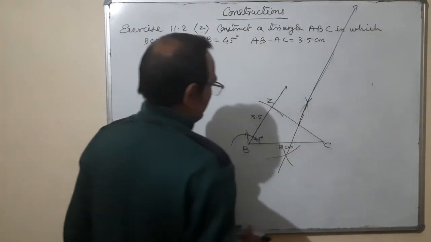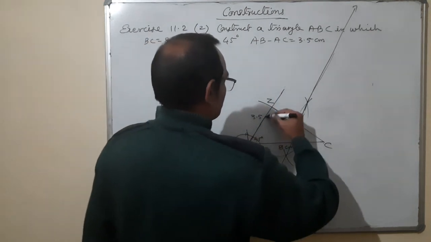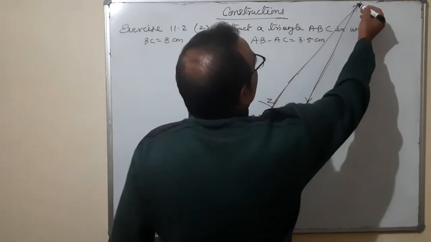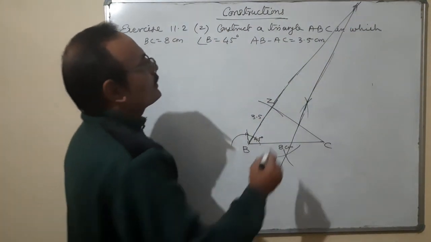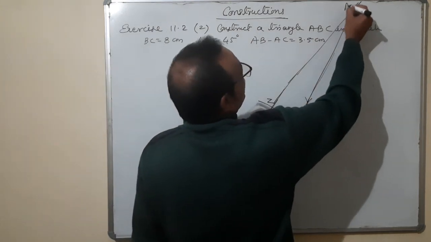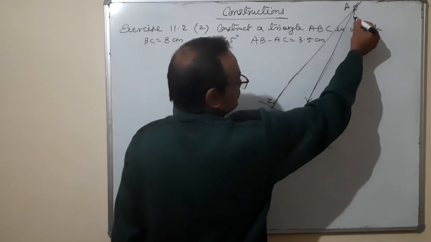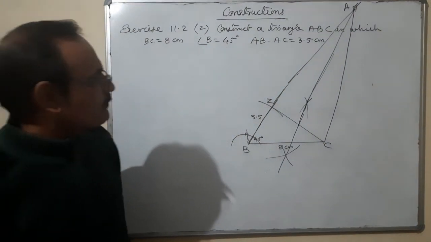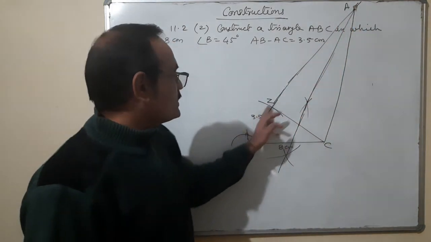Then produce BZ as well. The point where both intersect, give the name A, and join A to C.